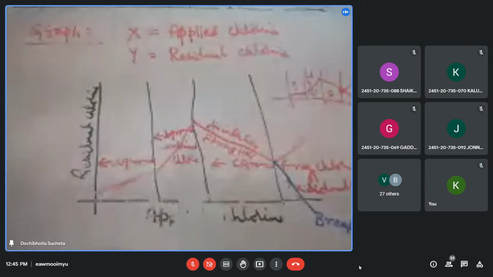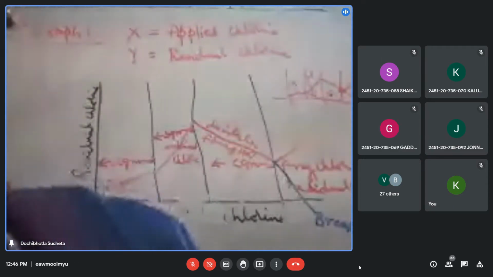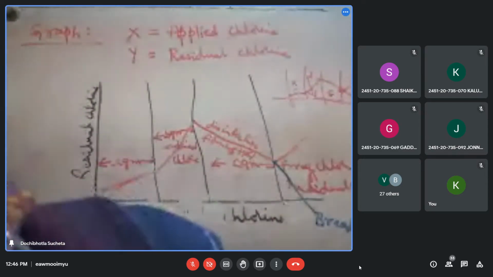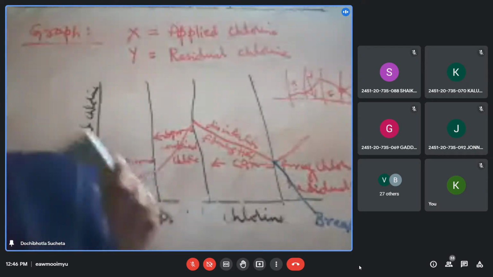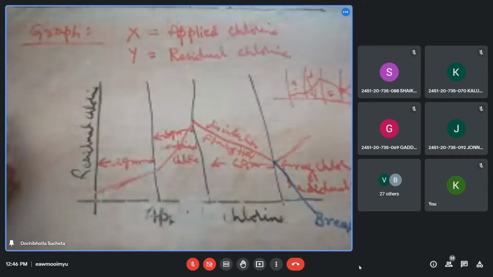So what are the advantages? Breakpoint chlorination helps us realize the minimum amount of the chlorinating agent that has to be added to do the disinfection and avoid appearance of free or residual chlorine. That's the main advantage of this chapter.